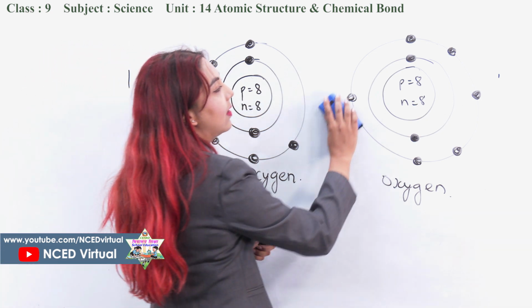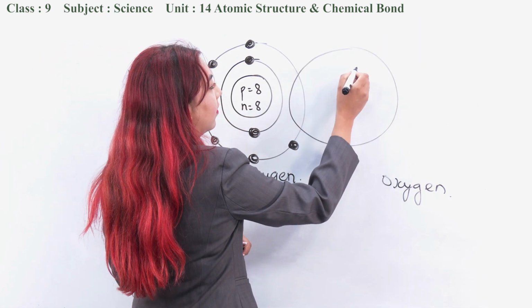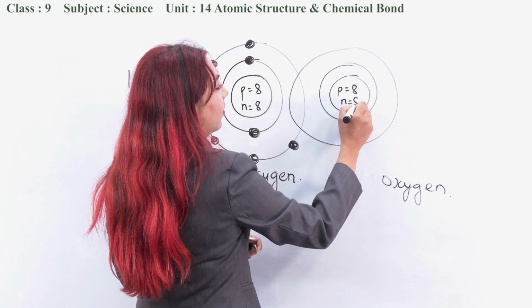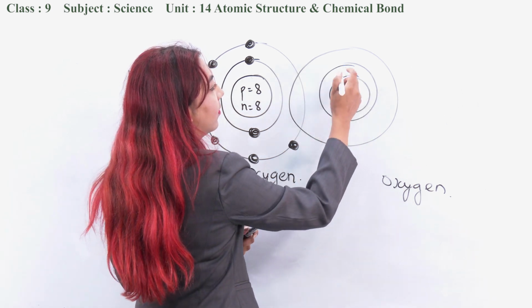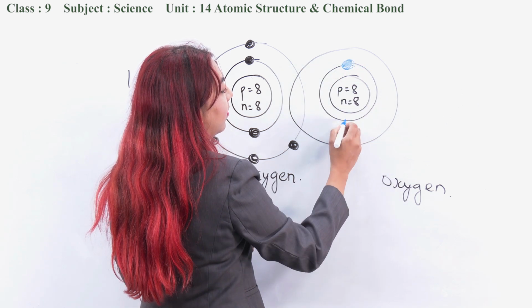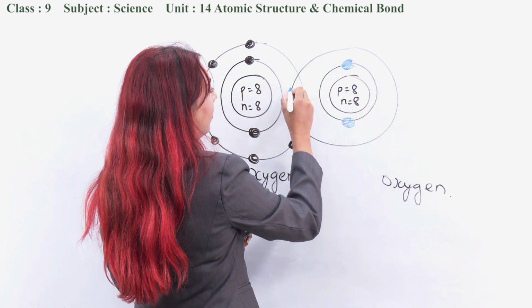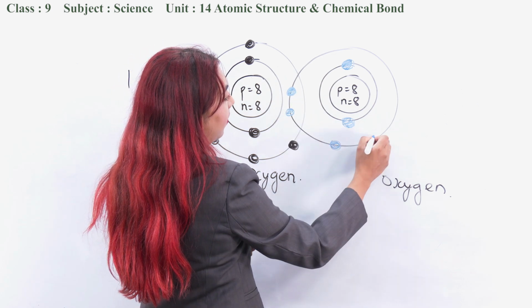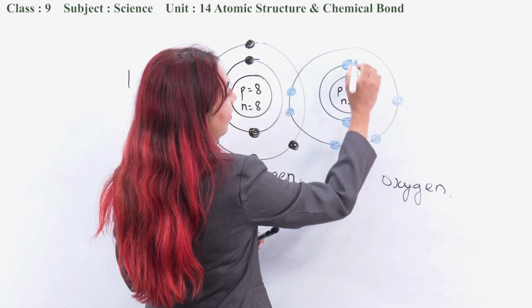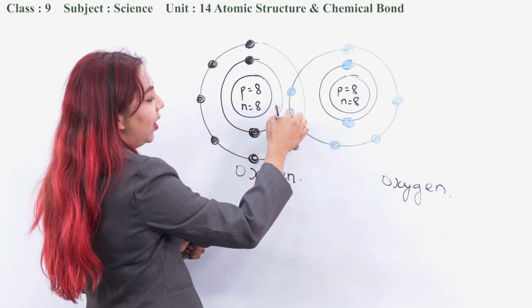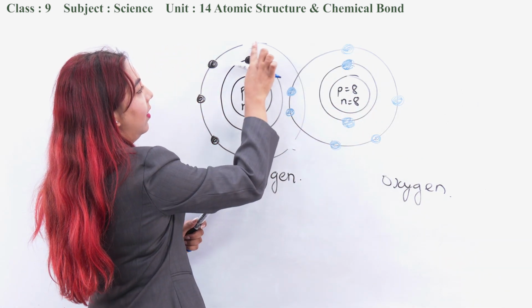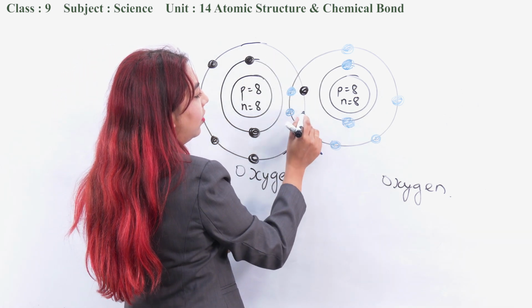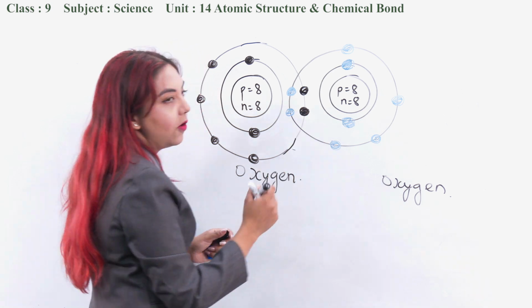So how it happens is, it gives 2 electrons, and this atom also shares 2 electrons with this oxygen atom.